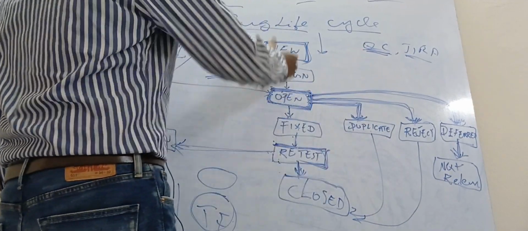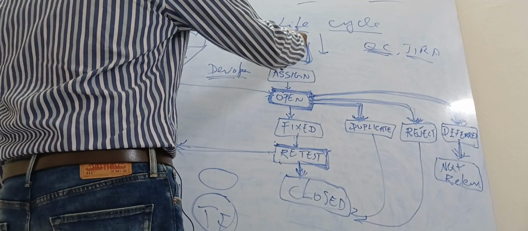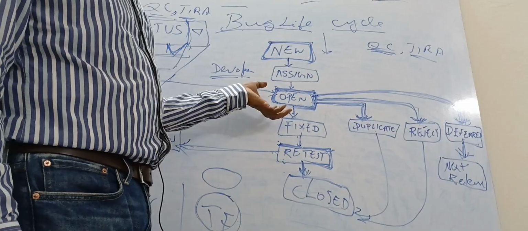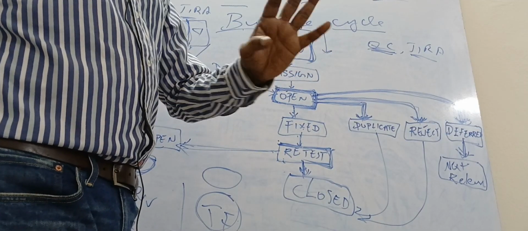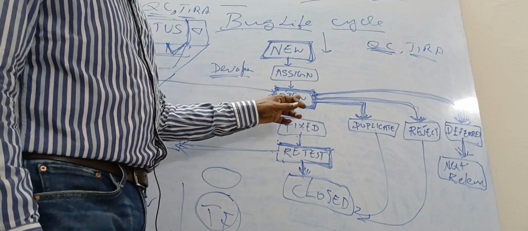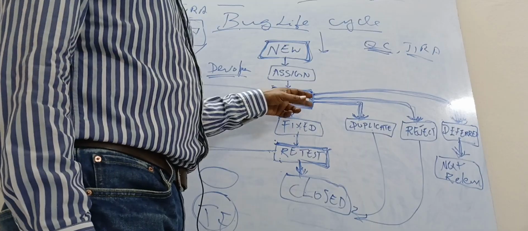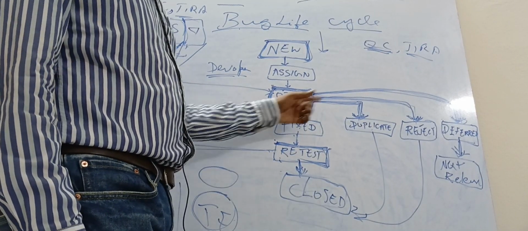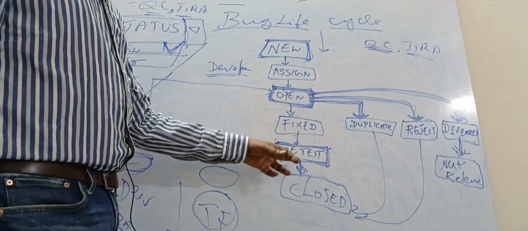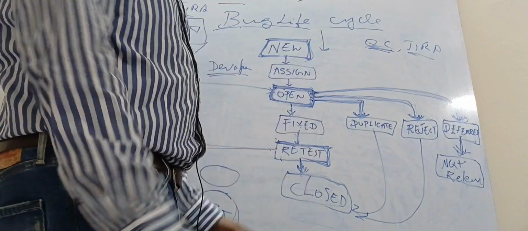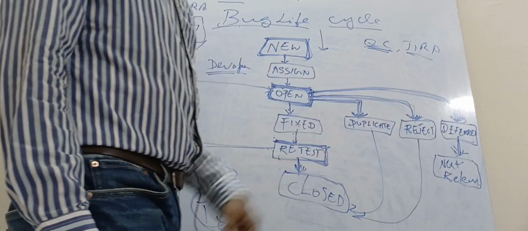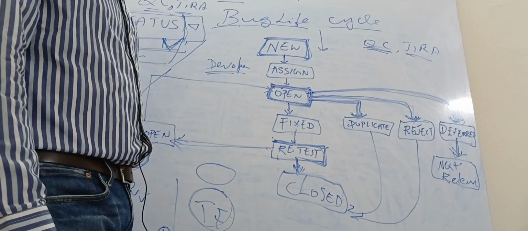Duplicate means the developer is working on this defect, but 2-3 test engineers have already raised this defect. So due to that reason, the developer has put the status as duplicate. And reject means test engineers have not tested properly, so the developer has rejected that defect.